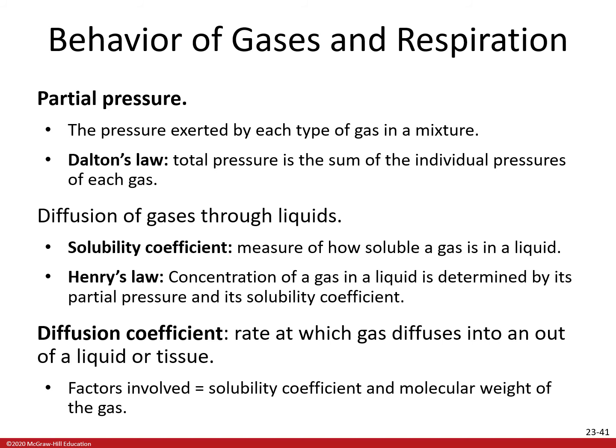So again, keep in mind we were talking about the diffusion of gases through liquids. And then the last thing on here is the diffusion coefficient. This is the rate at which gas diffuses into and out of a liquid or a tissue. And factors involved in determining this rate are going to be your solubility coefficient and molecular weight of the gas that you're looking at specifically.